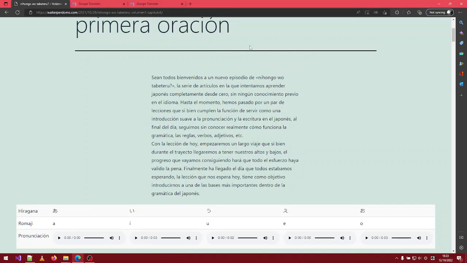Okay. And to begin with, we are gonna review the hiragana characters for today.